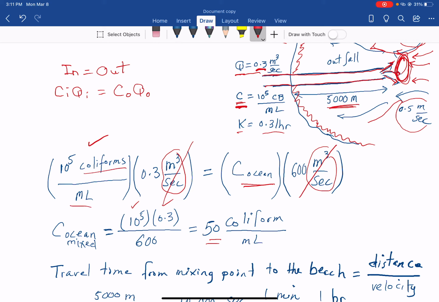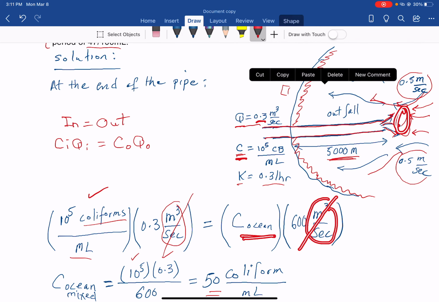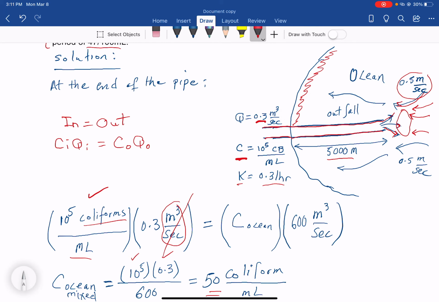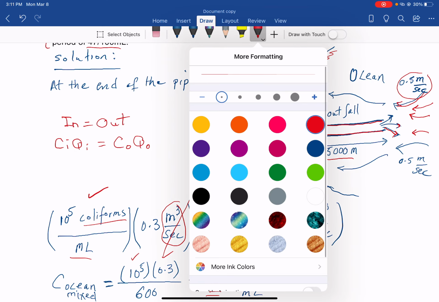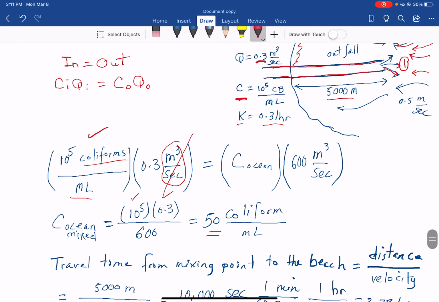So this is the concentration at this point. Let's just erase this so you can see. At this point, mixing between the seawater and the wastewater, it is 50 coliform per milliliter.